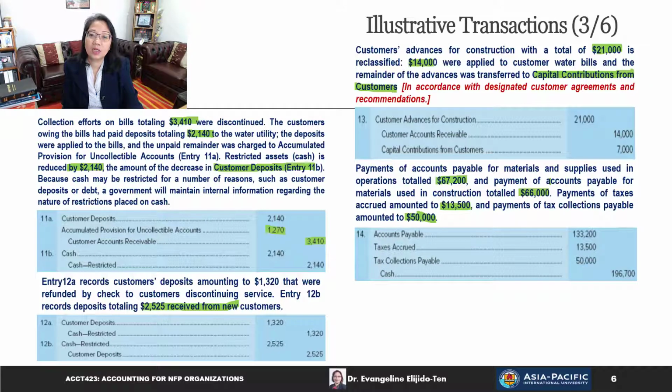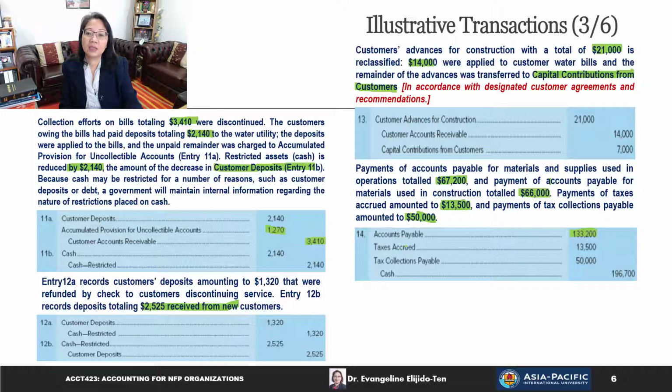So the total of 67,200 and 66,000, that's 133,200, will be a debit to accounts payable, because that is all part of our liability called accounts payable. So we'll reduce that because we're paying it, so we'll debit accounts payable. And we are also paying taxes accrued amounting to 13,500.